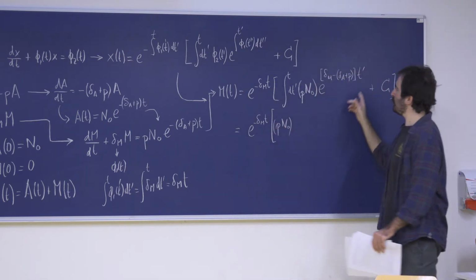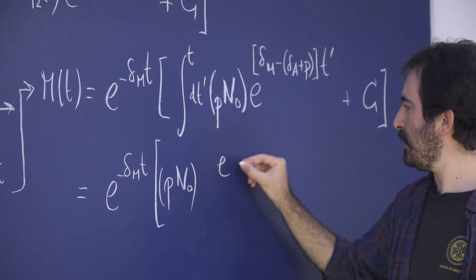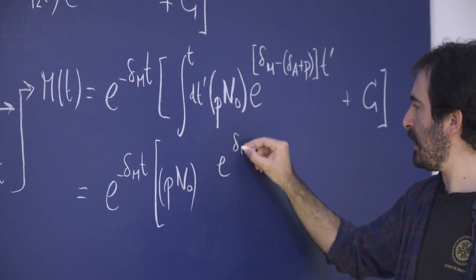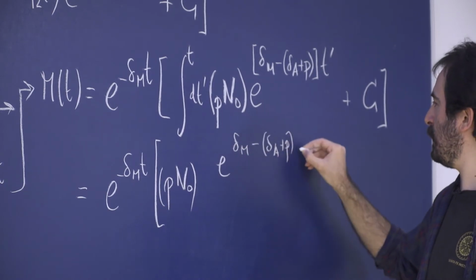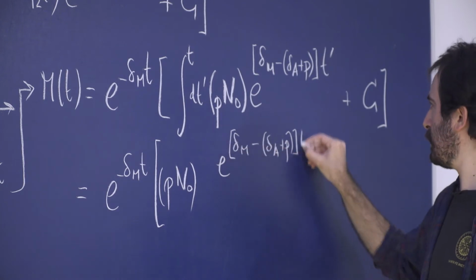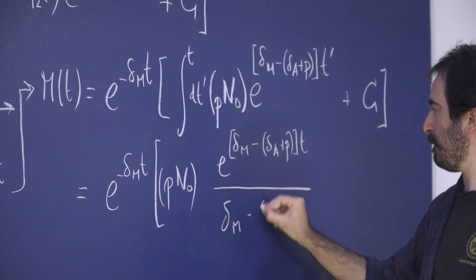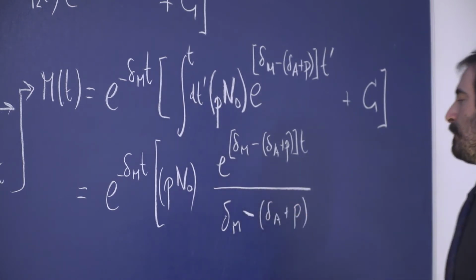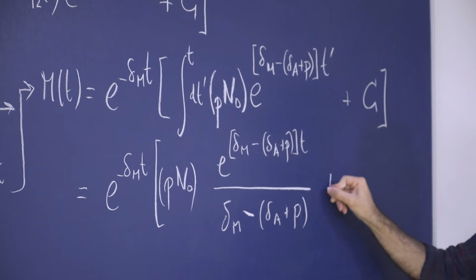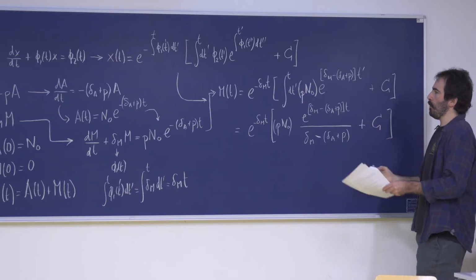And here, I'm just going to take the primitive of this, which if you notice, is nothing but e to the (delta m minus delta a plus p) times t, divided by delta m minus delta a plus p in this denominator, plus the integration constant. So we are almost there.